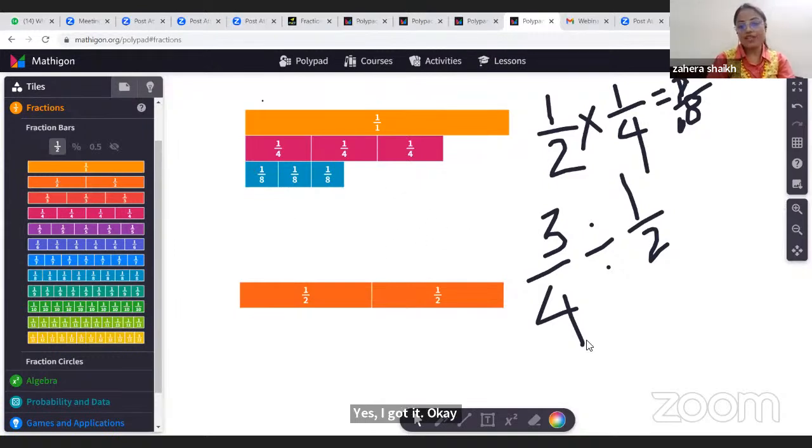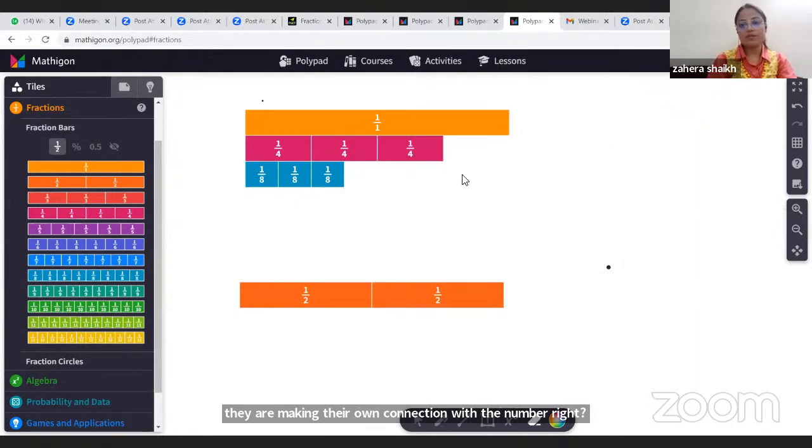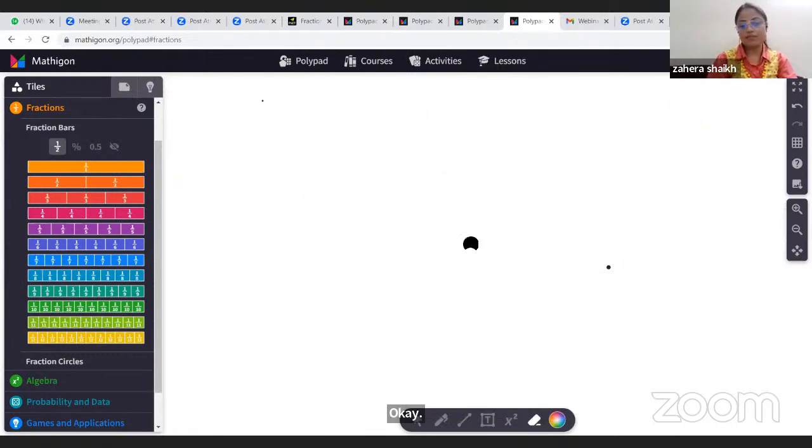So in this way, if my children are able to solve the problem using manipulatives, they are making their own connection with the number, right? Okay, so any other question?